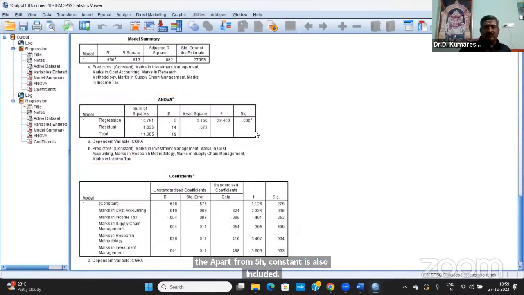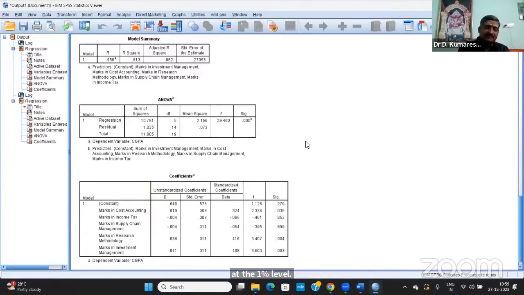Now come to the ANOVA table. In the ANOVA, look at the P value. Once again, it is 0.000. Significant value is 0.000. That means these 5 variables together have significantly influenced the CGPA at 1% level.